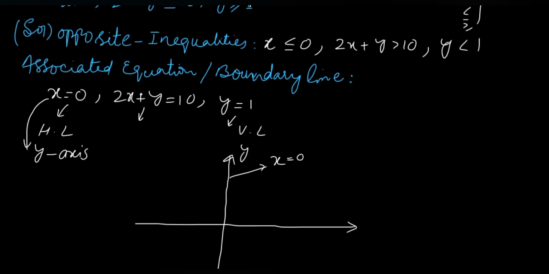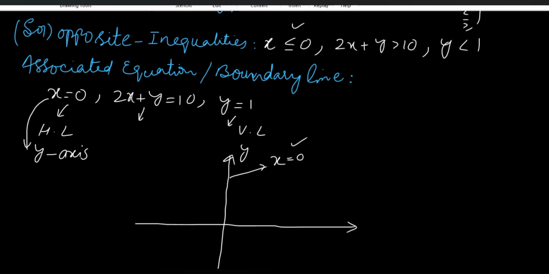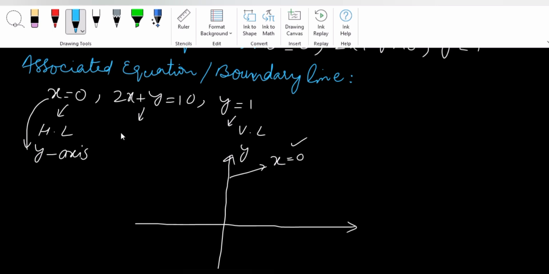The opposite inequality is x less than or equal to 0. This shows that we will shade the region left of x is equal to 0 here. Left of x is equal to 0 means to say this will be the second and third quadrant.